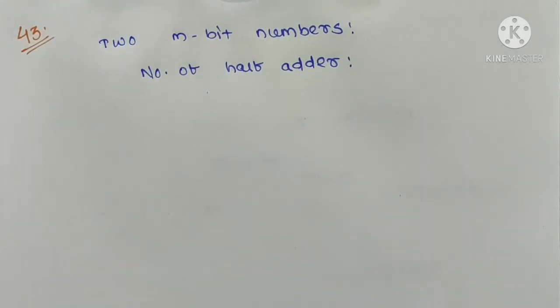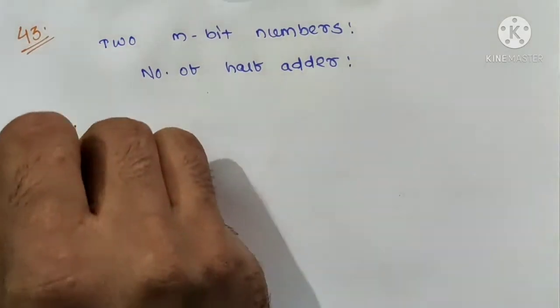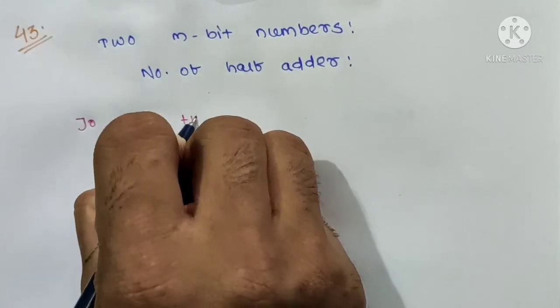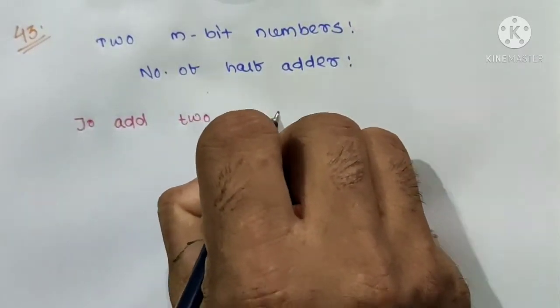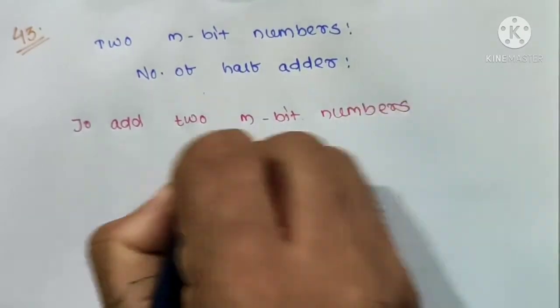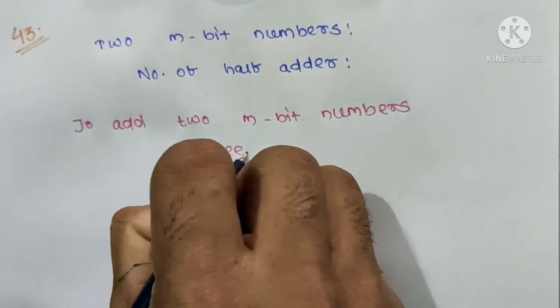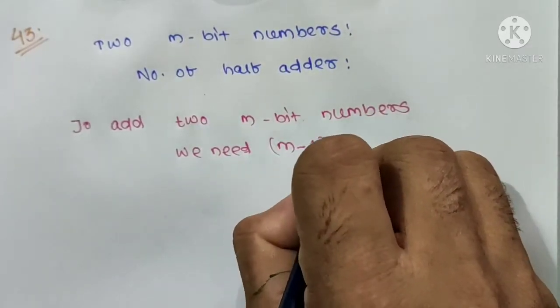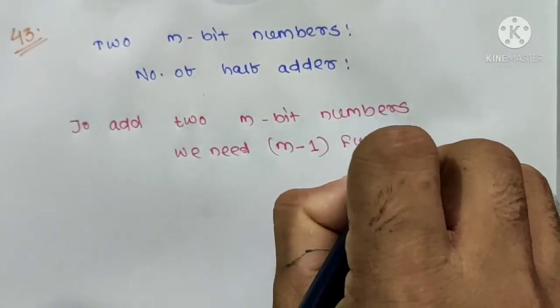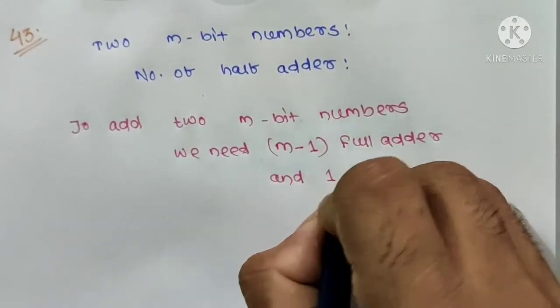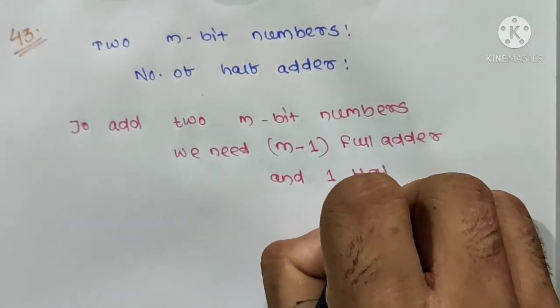So, as we know the basics, to add two m-bit numbers, we need m minus 1 full adders and 1 half adder.